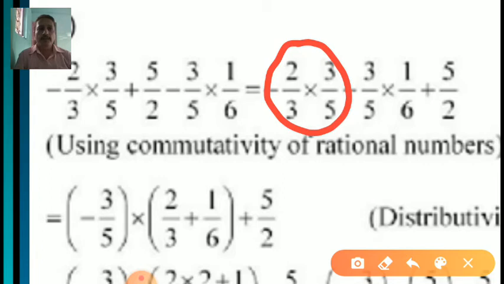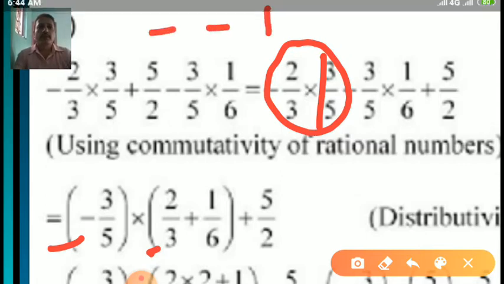What will be left? If I remove this one, then there should be a 2 upon 3. So I wrote here that first term minus 3 upon 5 and then multiplied in another bracket. The first number is 2 upon 3. Okay, let's check. This is the minus and we know minus into minus becomes a plus.